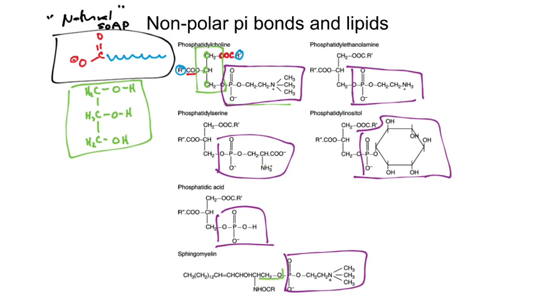1, 2, 3. I think there's our glycerol, more or less. Those things in purple now can modify some of that secondary chemistry. So we could arrange a whole bunch of these lipids into a phospholipid bilayer.